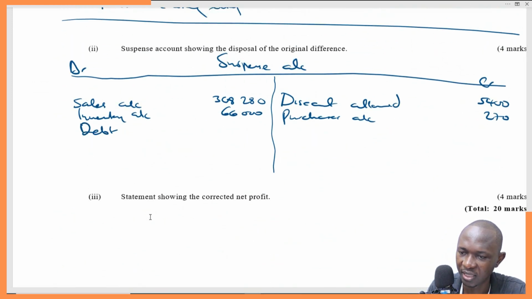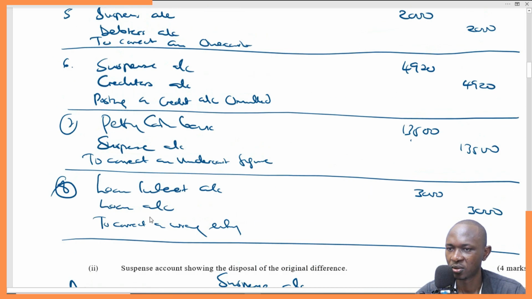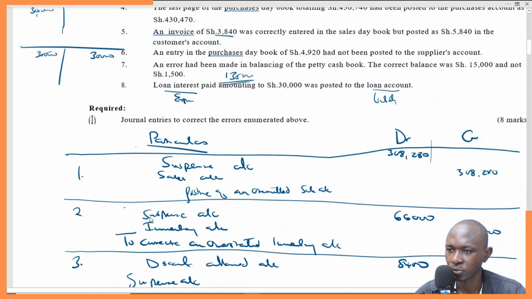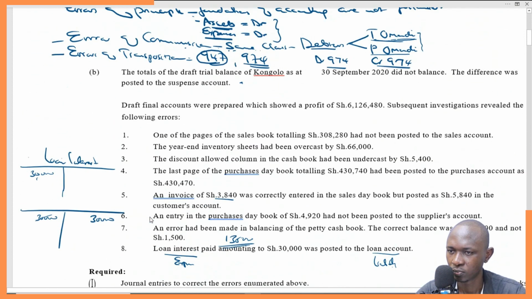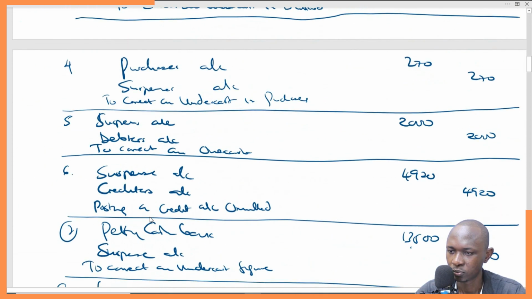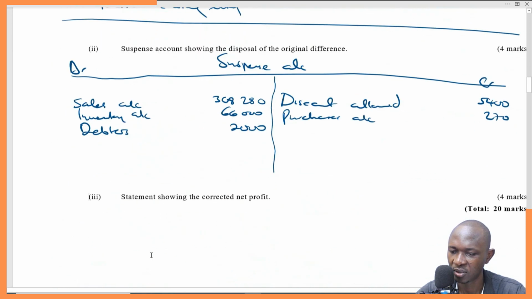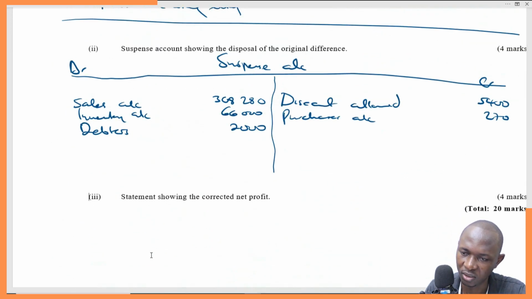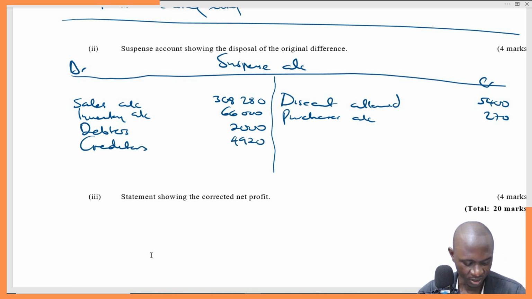The reason is debtors 2,000. Next, debit suspense account, creditors 4920. So creditors 4920, and we have debited the suspense account.